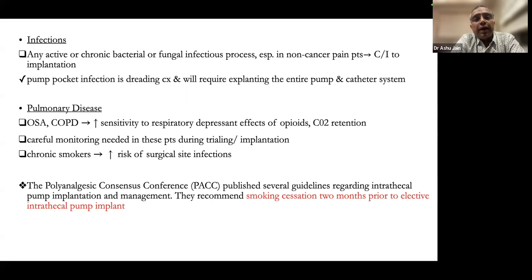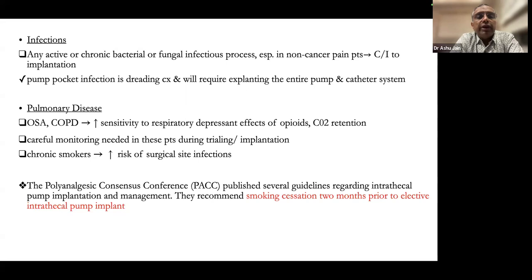If you have done the trial and you are looking to implant the device, either spinal cord stimulator or intrathecal pump, you must have done urine culture, blood culture, throat culture. Urine infection is something that very regularly causes these implantable device infections. So you have to treat all those infections in the body first, and only then you can implant these devices. That should be your standard protocol before you go on and implant the devices.